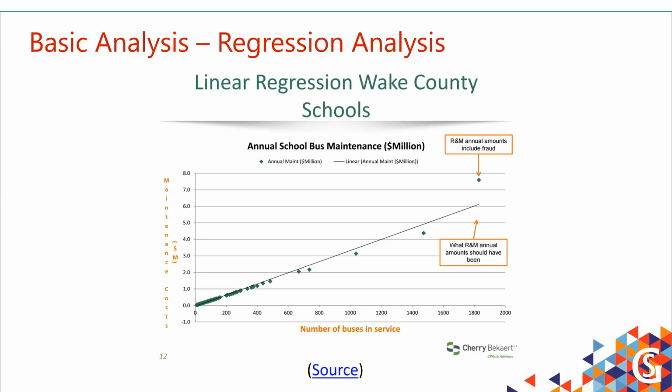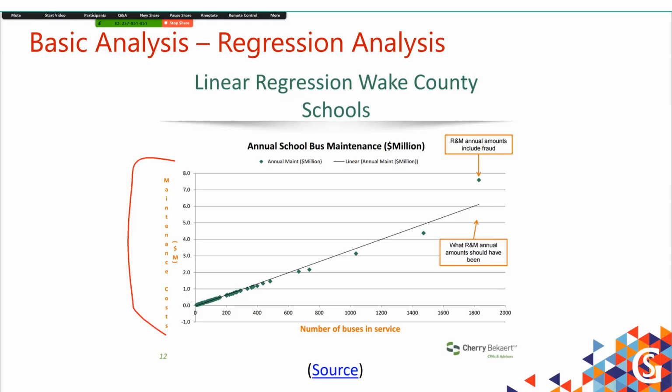As that changes, we expect it to change the amount of money. In real life, this was one of the things that the accountants were able to use to prove that there was fraud. And they laid out a simple linear regression of the number of buses that Wake County schools had in service and the amount of money they were spending on maintenance. And you'll notice that they drew a line. Personally, I think that there's economies of scale so that it's actually more of a sloping curve as opposed to a line.